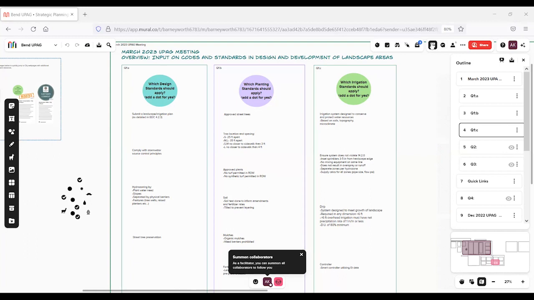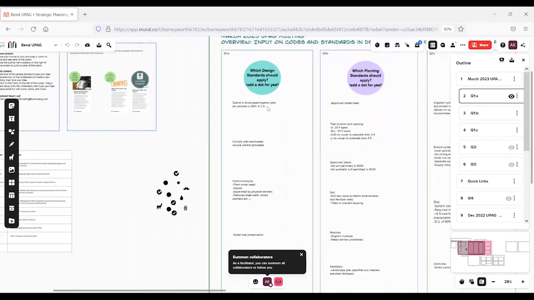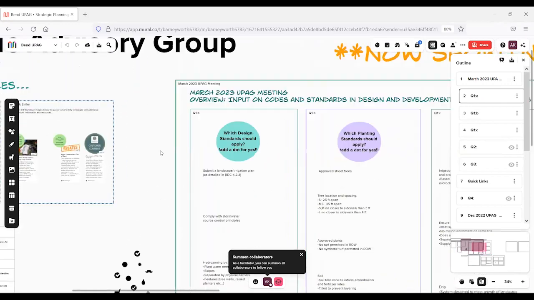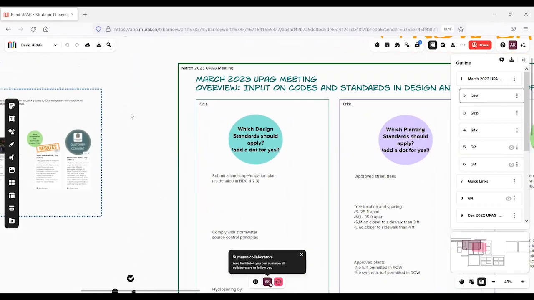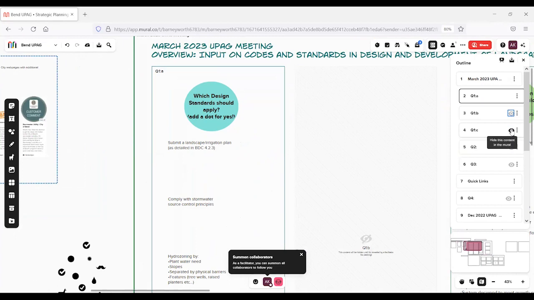And as a reminder, there's a little menu button that shows an outline, and you can jump straight to the March part of this digital whiteboard space. Then we're going to walk through question 1, question 2, question 1B, and question 1C. Each of these has a set of standards, and what we want to do is take a closer look at first the design language, then the planting language, and then the irrigation language.